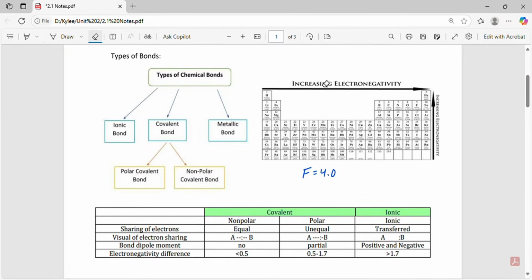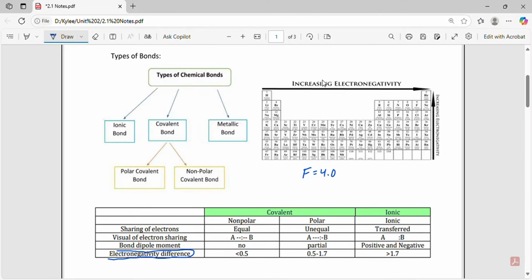That's important because one of the things that we can look at to determine what type of bond we have is the electronegativity difference. So if I look up the electronegativity values and I have a very large difference in electronegativity, that is going to mean that I don't actually have a sharing of electrons at all.